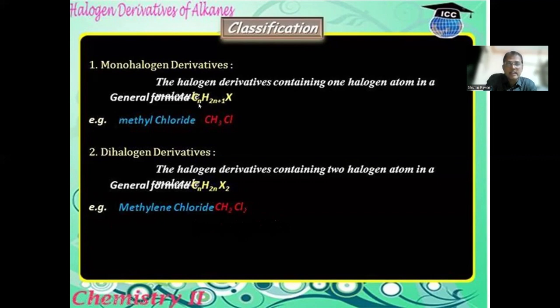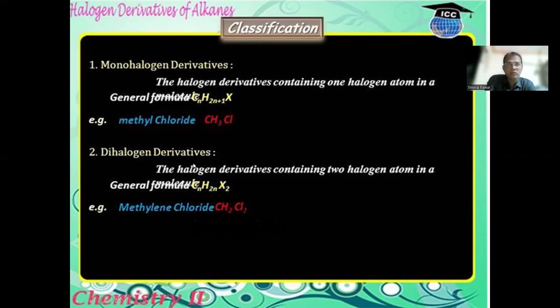See this, CnH2n+2 is alkane. Remove one hydrogen atom by halogen, it will be monohalogen derivative of alkane. So the general formula is CnH2n+1X. Now first compound of this is methyl chloride. See this, one halogen atom is there and therefore it's a monohalogen derivative.